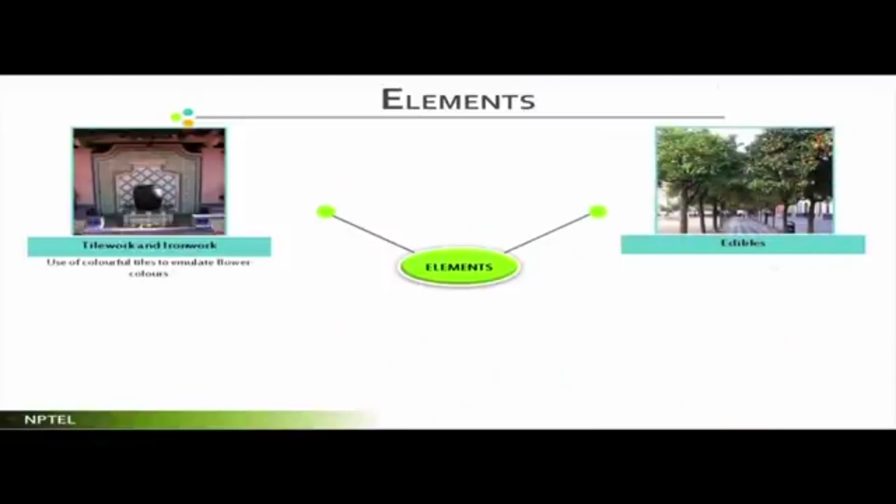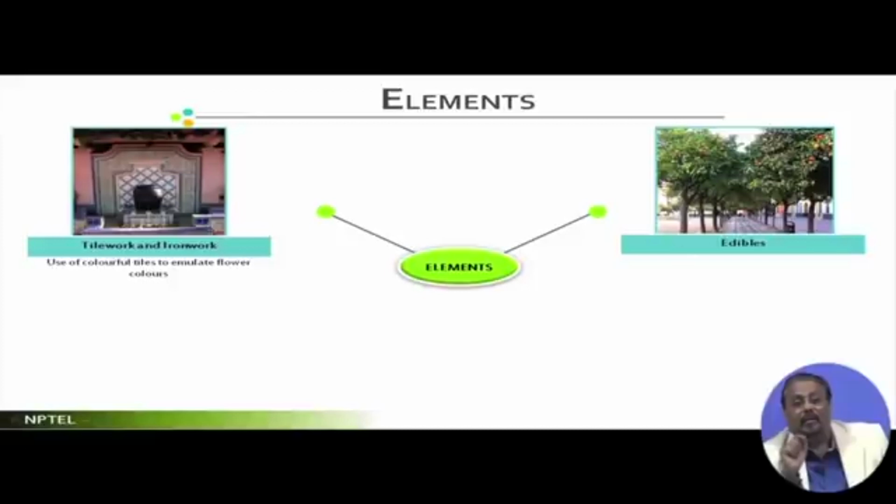Then they also had different plantations with edibles like oranges. So they had this kind of gardens. This brings us to the belief that this idea of fruit orchards as a component of landscape, we have borrowed from Spanish landscape, because they have shown us this.